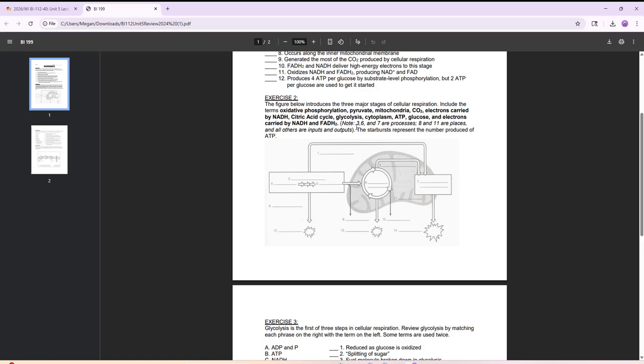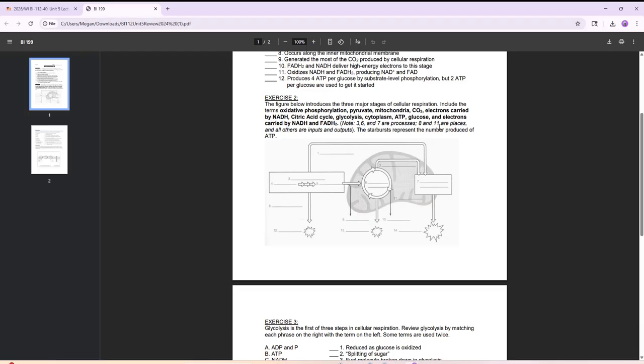Note that 3, 6, and 7 are the processes. So 3, 6, and 7 are these processes. That gives you a clue. So 3, 6, and 7 are either glycolysis, citric acid cycle, or oxidative phosphorylation.